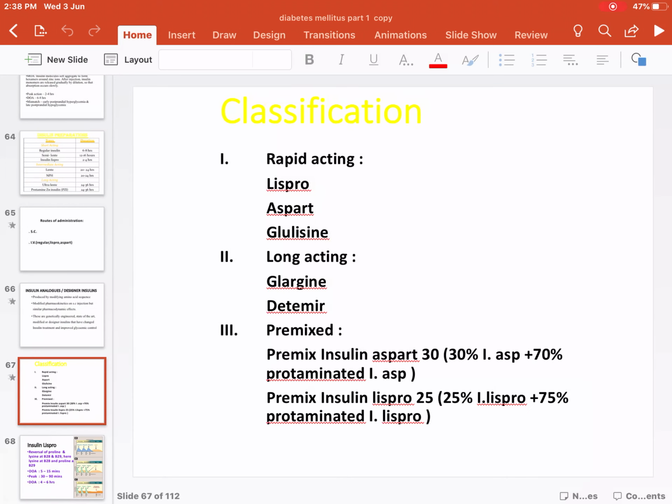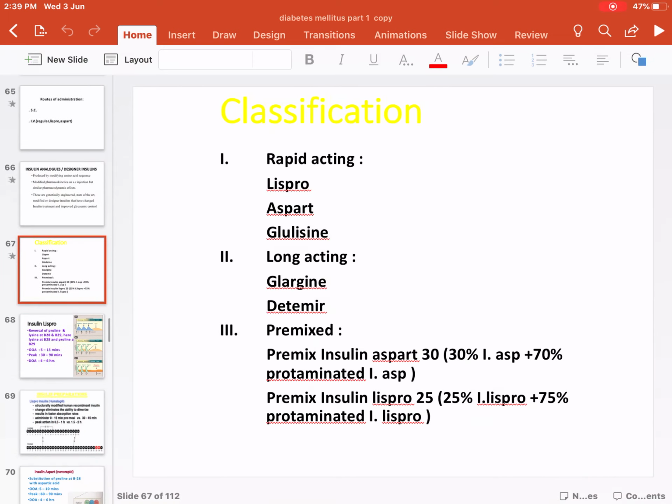What are these insulin analogues? These are rapid acting or longer acting insulins: Lispro, Aspart, Glulisine, Glargine, and Detemir. Any of these can be mixed to achieve concentration. Like Aspart, we can give 30%. We can protaminate it, and 70% of this protaminated can be added.